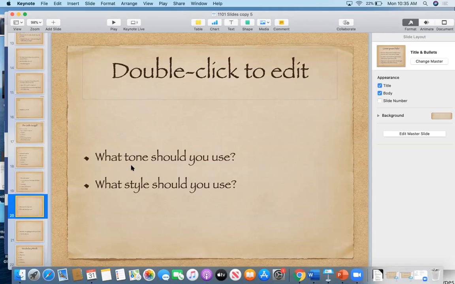Also, what style you should use. Some of you that are going into psychology might be using APA. In this class, we use MLA. If you are going into history, they use something called Chicago style, which I'm not too familiar with. I think I had to write one paper in Chicago style for a history class when I was in school.